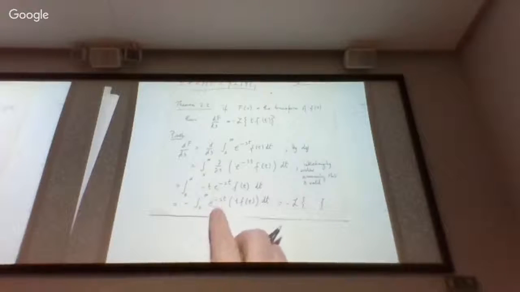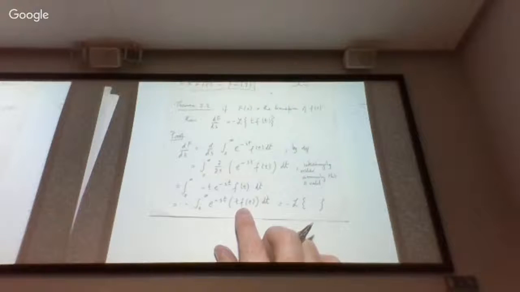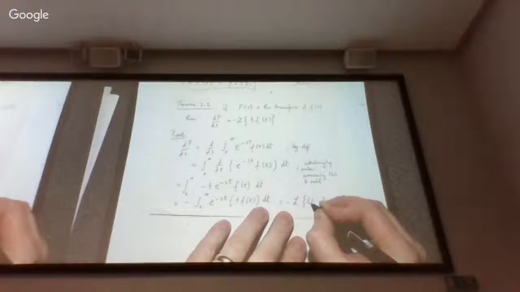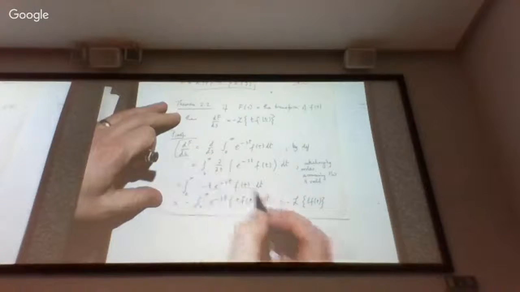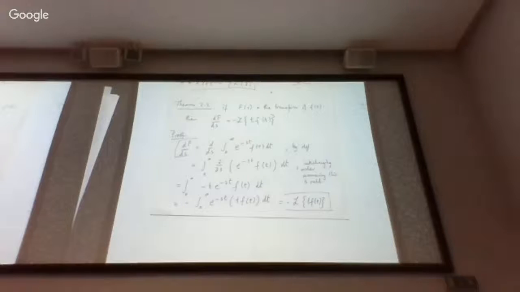The integral of this exponential times a function of t is exactly a Laplace transform. A Laplace transform of what, in particular? Of t times f. So again, from beginning to end, we've just proved directly this result that we want.